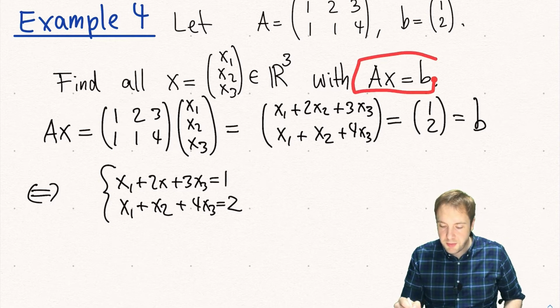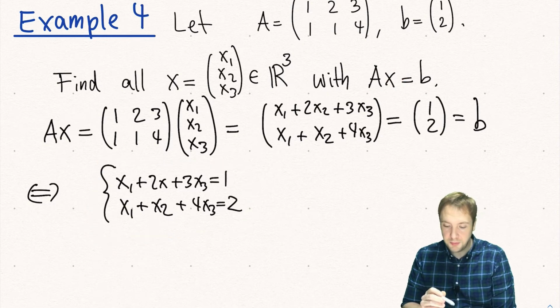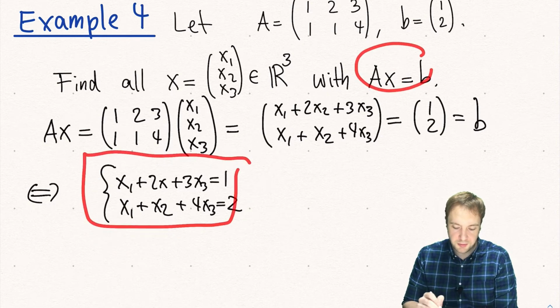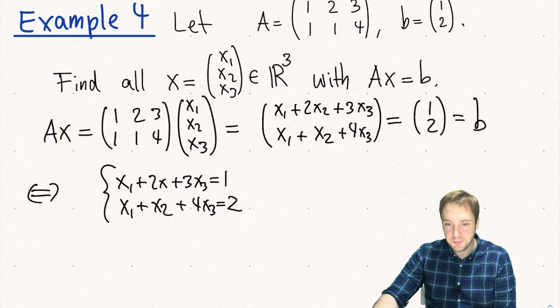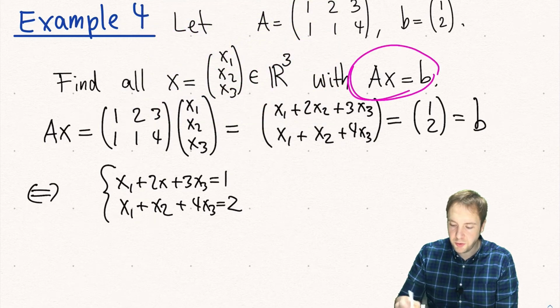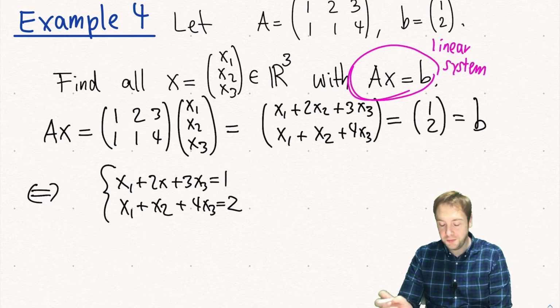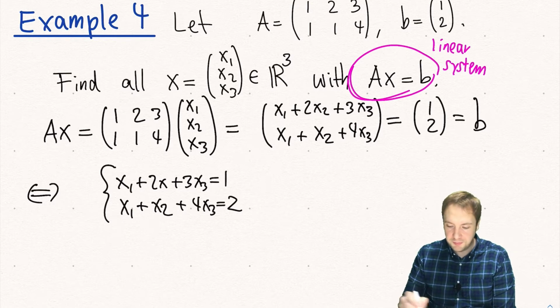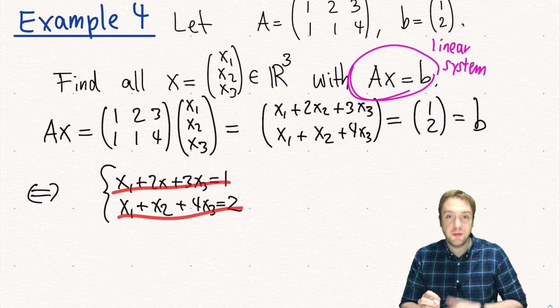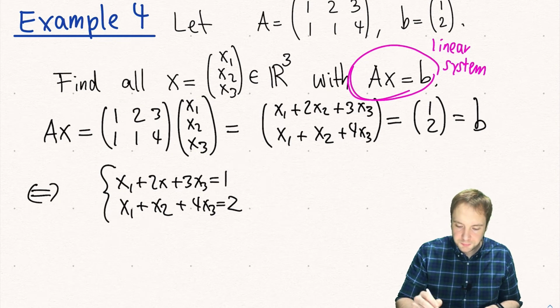Matrix times vector equals vector gives a linear system, so answering this question is equivalent to answering this question. This is why we also call this a linear system in the following. Even though we defined a linear system to be a finite collection of linear equations, here we see that if you multiply this out, the equation is actually equivalent to a linear system. So an equation like this we will also call a linear system.